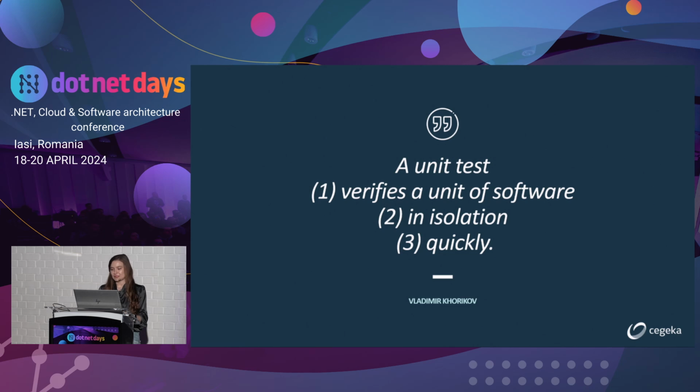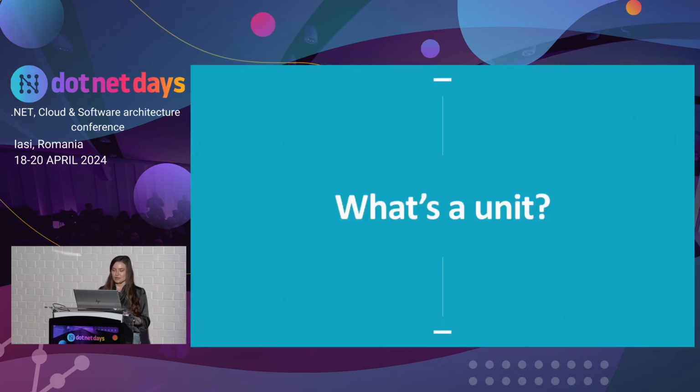While the third aspect is quite straightforward, the first two may warrant a bit more discussion. So what's a unit? The unit in solitary unit testing is the system under test. And it's often a method in a class.